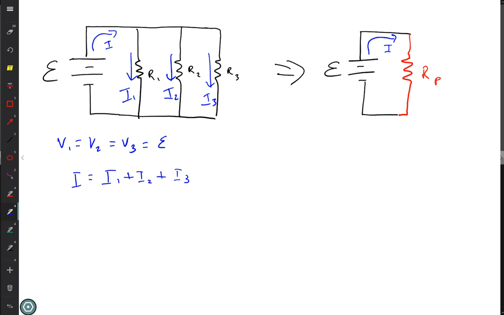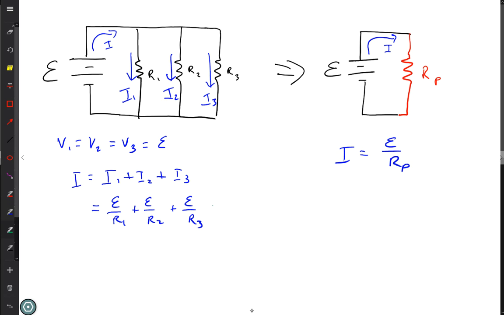But using Ohm's law, I is V over R, and so this is equal to the EMF over R1 plus the EMF over R2 plus the EMF over R3. Now, if we look at the equivalent circuit, the current is equal to the EMF over R parallel.